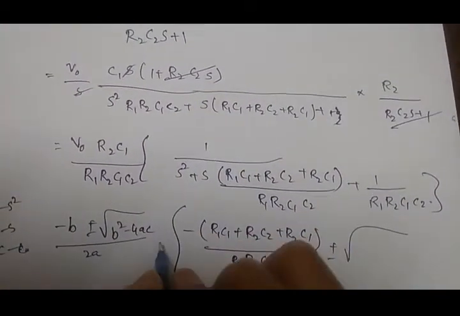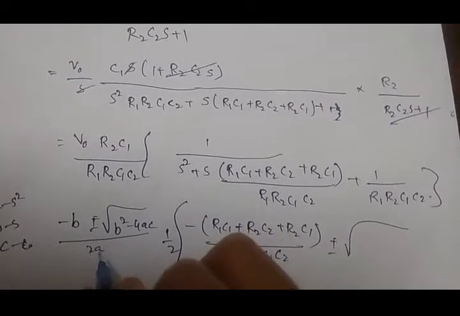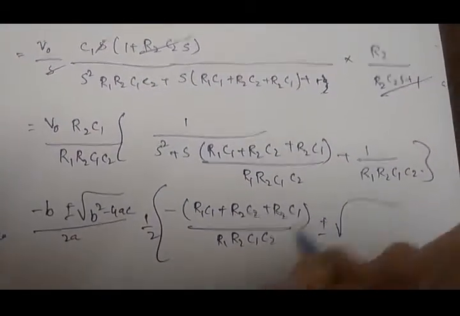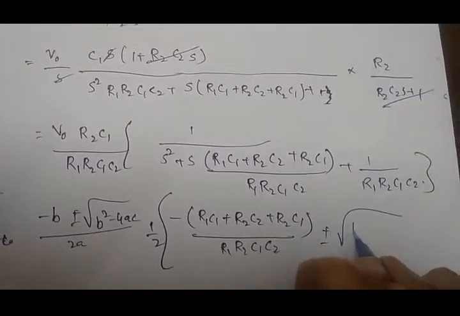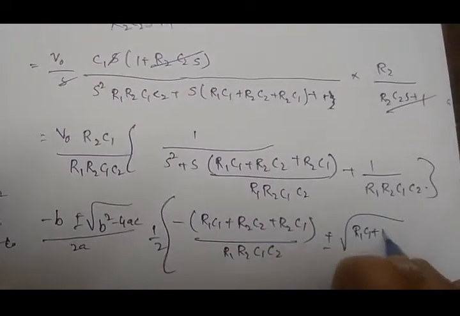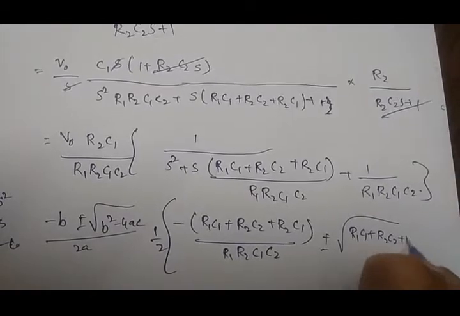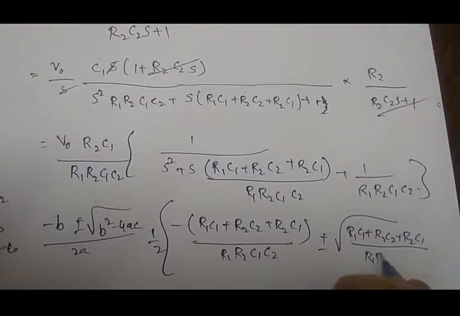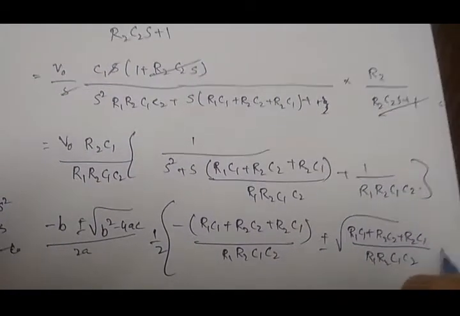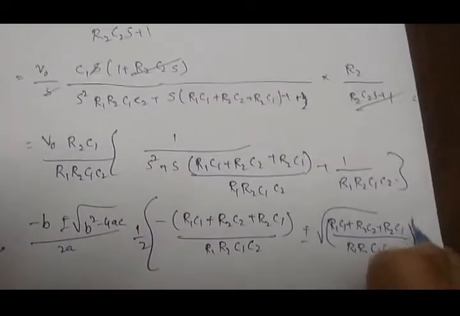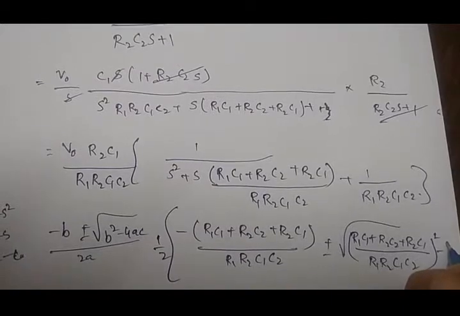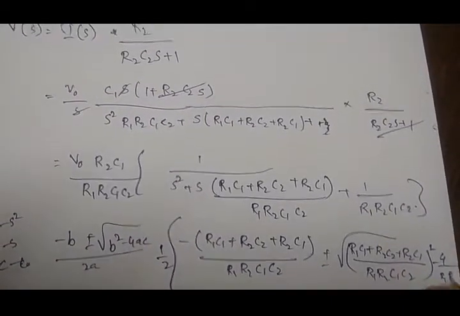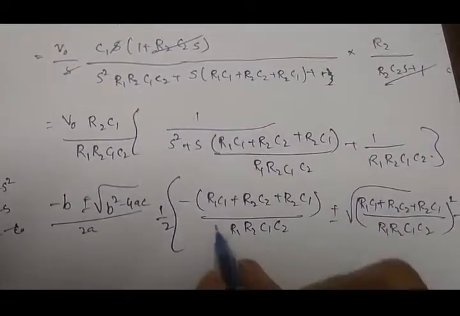Here 1 by 2, because the s squared coefficient is 1. The entire b squared is R1 C1 plus R2 C2 plus R2 C1 divided by R1 R2 C1 C2, all squared, minus 4 divided by R1 R2 C1 C2.